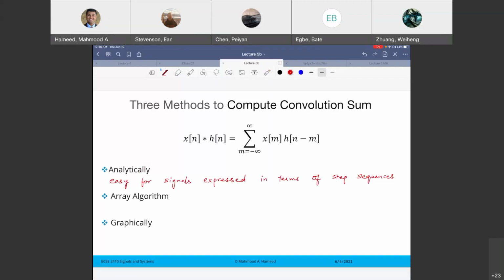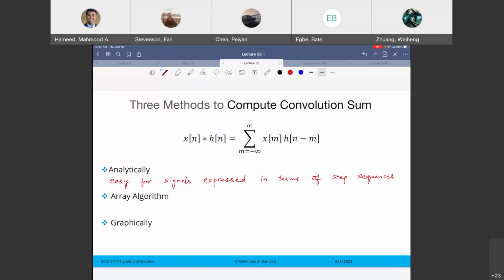You know what happens when you express signals in step sequences? You are essentially bounding them, right? And when you bound them, you essentially evaluate the summation limits. Once your summation limits, instead of being negative infinity to infinity, become bounded, it is pretty reasonable for you to carry out that summation.